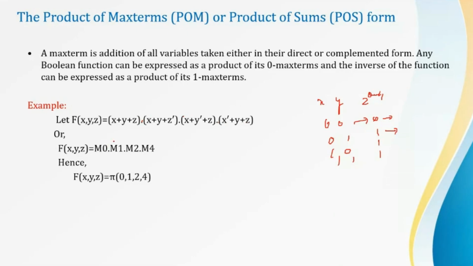Okay. Here, in the SOP we denote it as a small m. Here we will denote it as a capital M. And this is a summation, what we denote. Okay. Then we'll check how they are taking x, y, z for the M0.